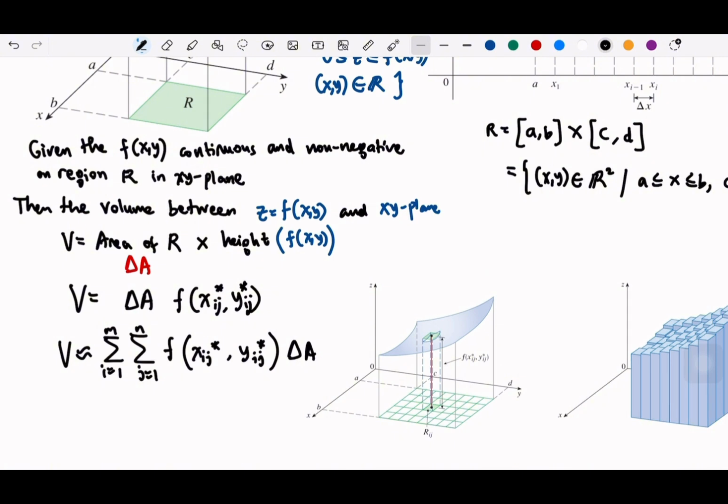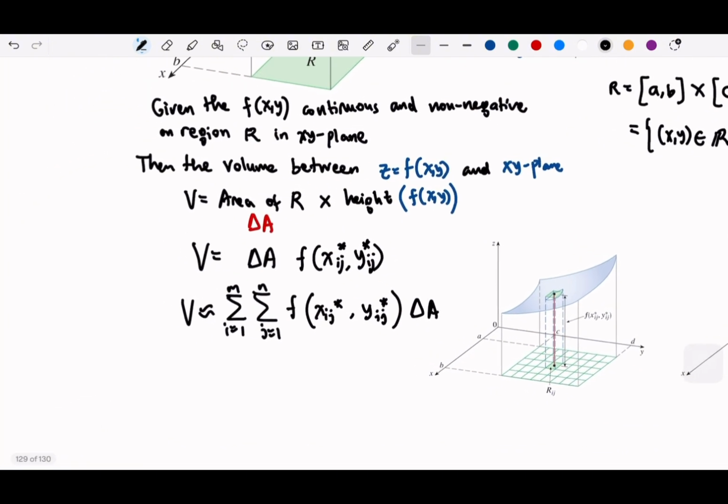And then, as you may predict, the volume, because we can cut as small as possible for each delta x and delta y, we can say that the limit for m and n is going to be larger, and we have the double sum.